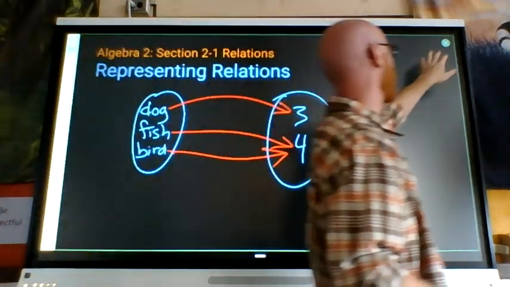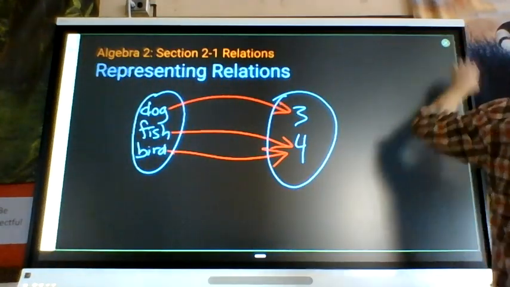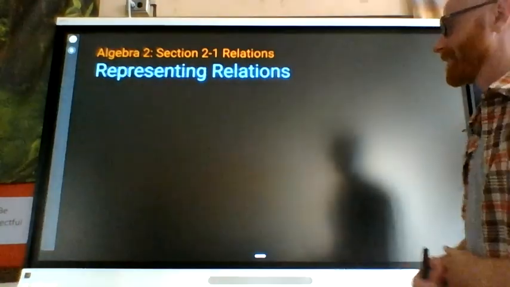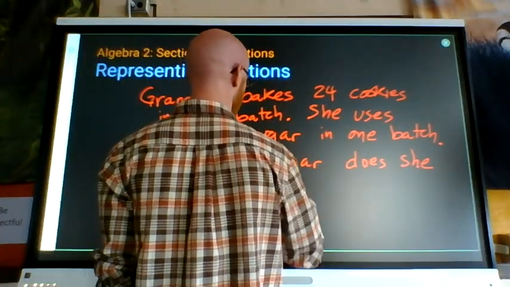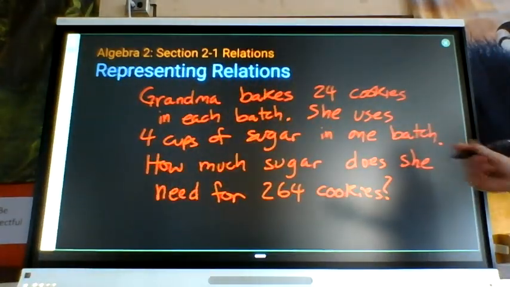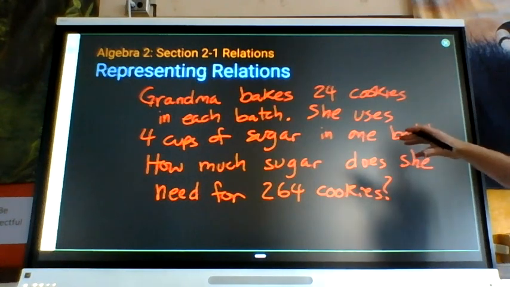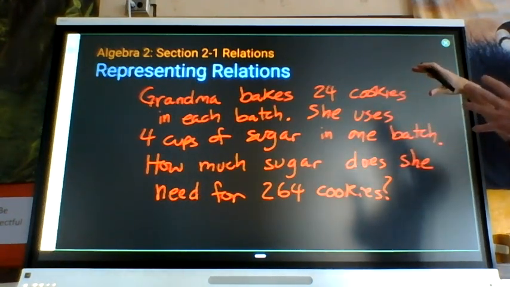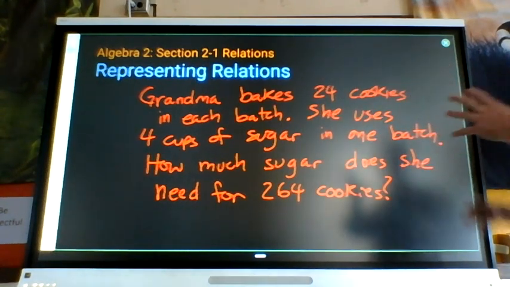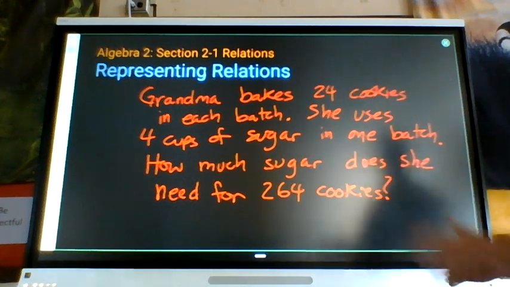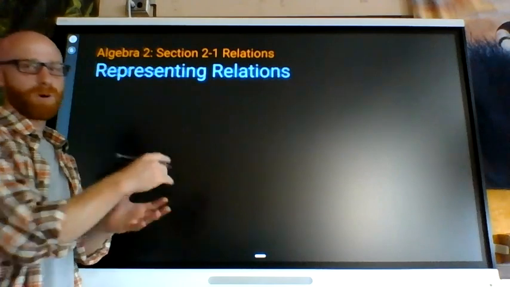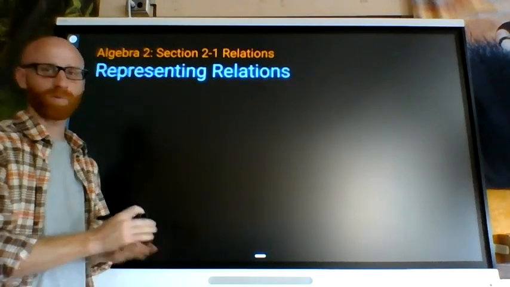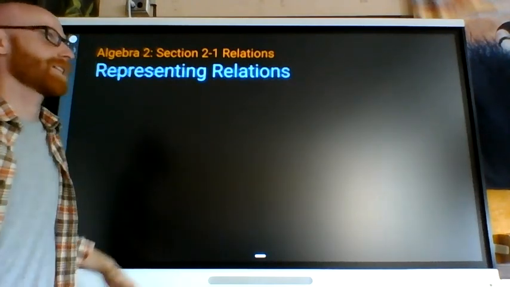Another way that you could show relations is through words. You could have a word problem. It's showing a connection between sugar in cookies and how many batches grandma bakes. The last way, most common maybe in mathematics, would be to represent a relation using an equation.